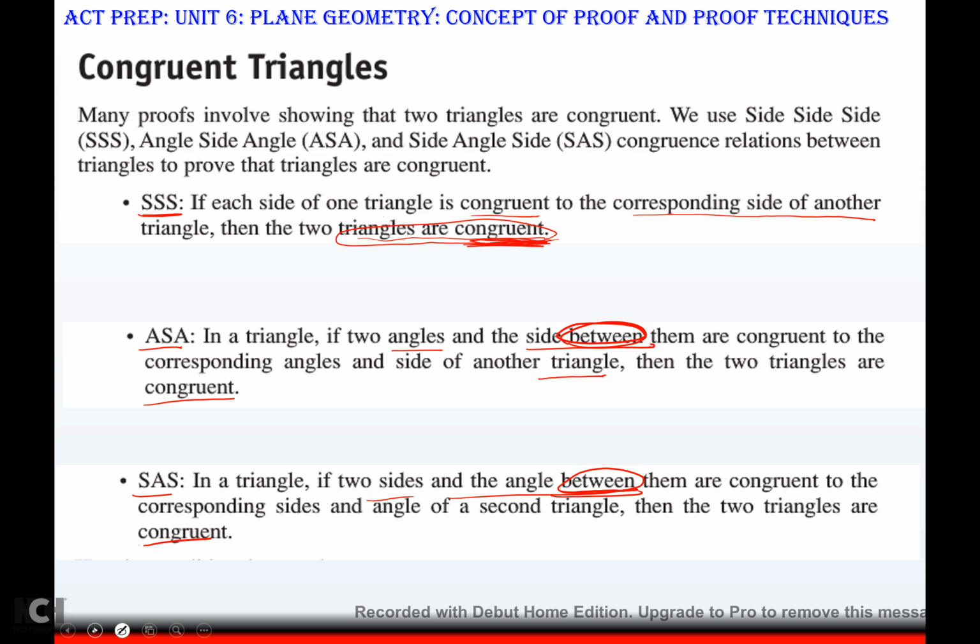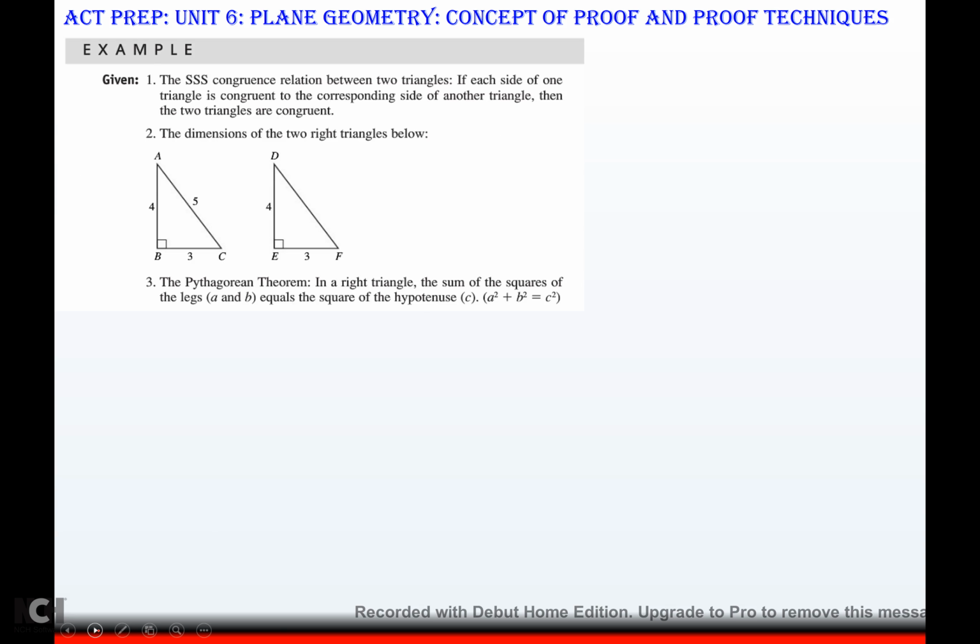Okay, so for an example, you're given the side-side-side congruence relation between two triangles. If each side of one triangle is congruent to the corresponding sides of another, then the two triangles are congruent. And 2, you're also given the dimensions of the two triangles.